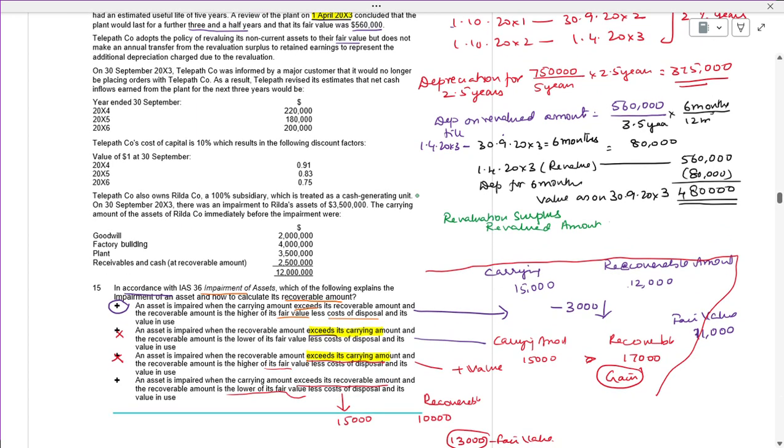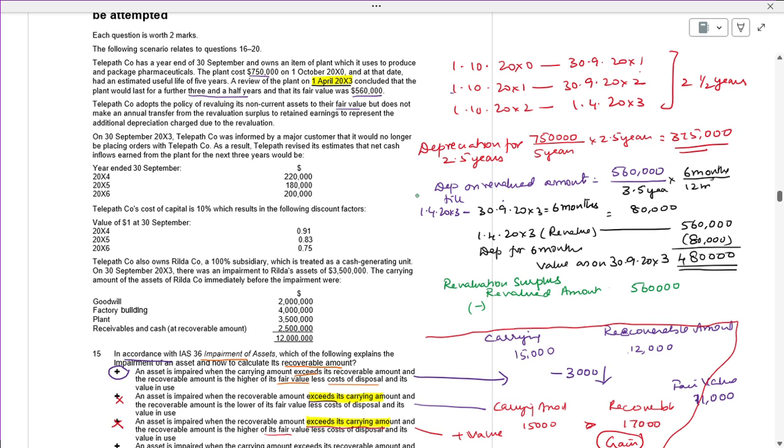Is it right? Revalued amount as on 1st April. How much is the revalued amount? 560. Is it right? Revalued amount is 560.